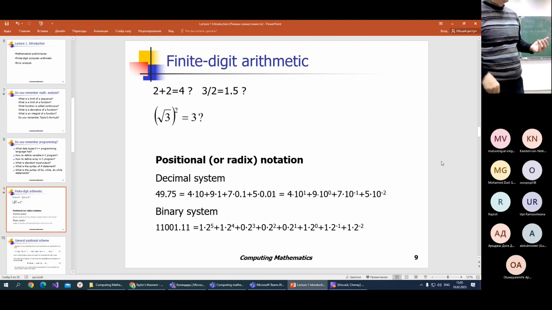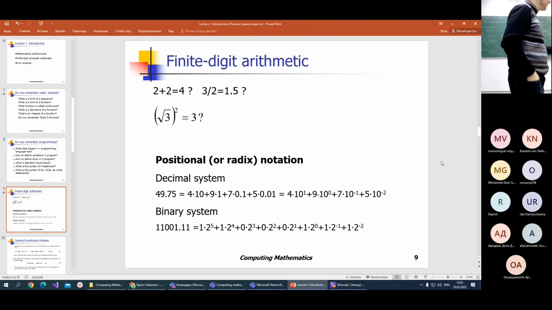But if I run a program, the result will not be 3, but 3 with some error, 3 with some mistake. It's not exact because square root of 3 is not integer, is not rational, it is an irrational number that can be represented exactly only with an infinite number of digits after the decimal point.